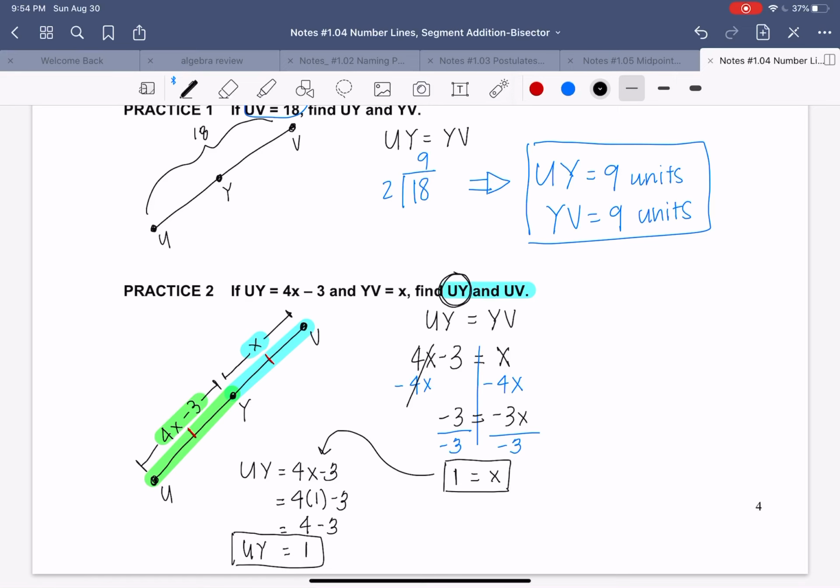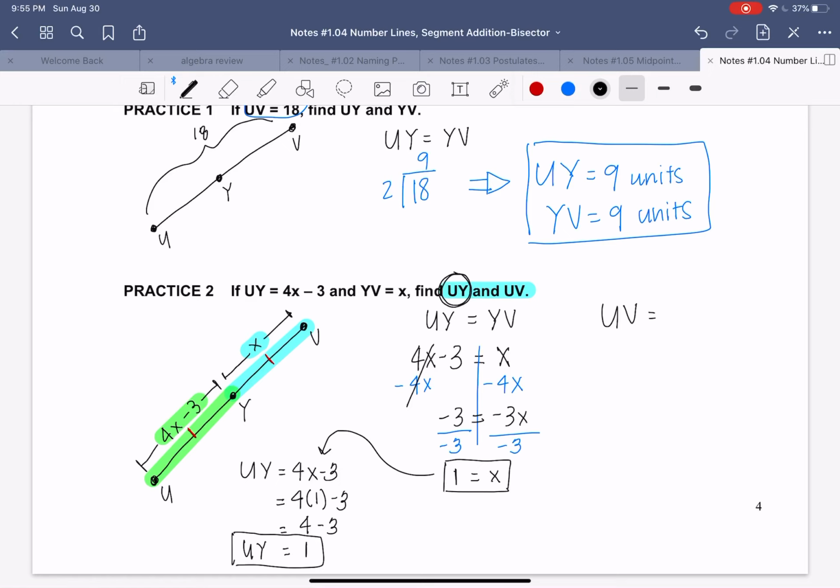Okay, now I want to find UV. Now let's talk about this. Remember that UV is the whole distance, and we know the values of our parts. So remember, part plus part equals whole. The green part plus the blue highlighted part equals the whole.